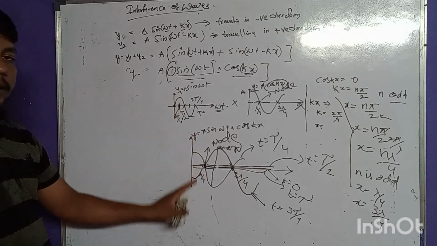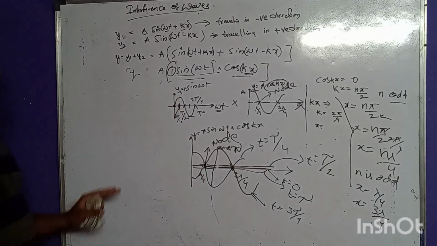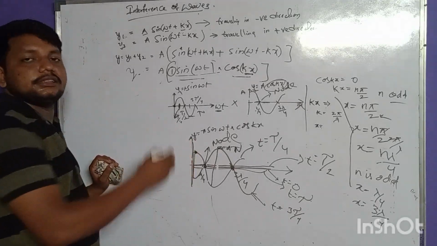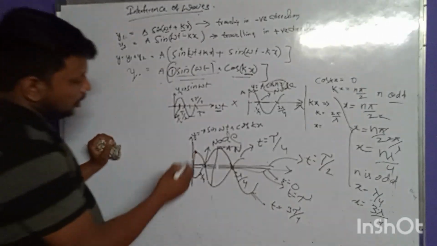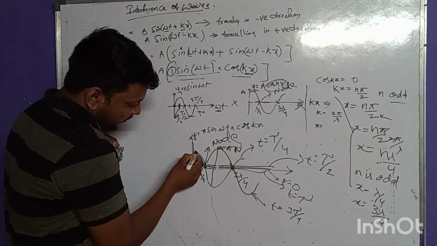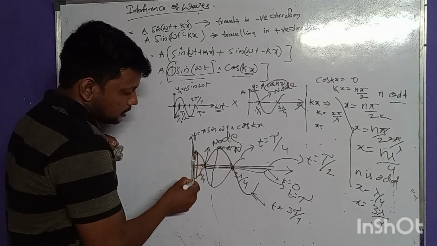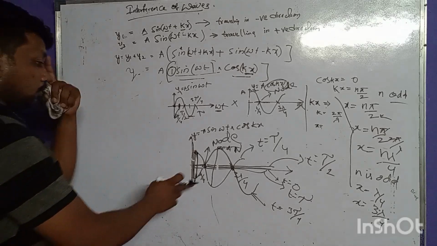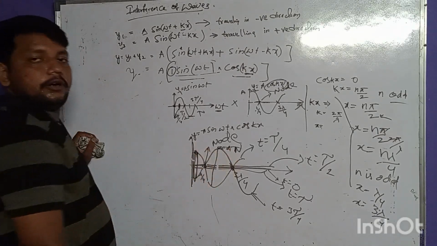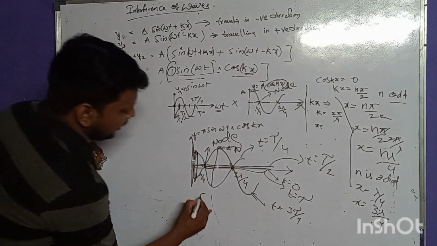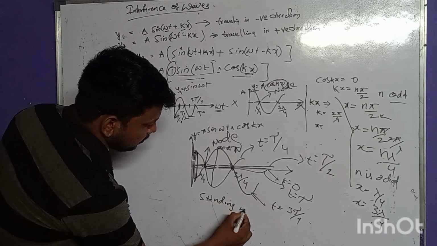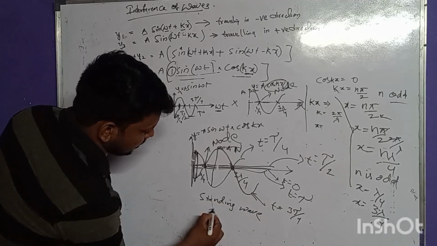Only the amplitude of the wave, the position of the particle of the wave, gets oscillating. So the particle on the wave is oscillating from the positive peak to the negative peak. So this type of wave is called a standing wave or stationary wave.